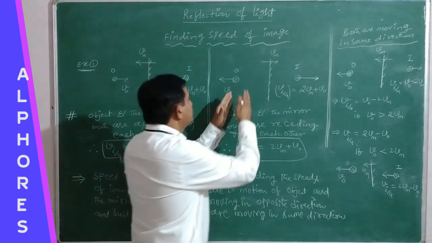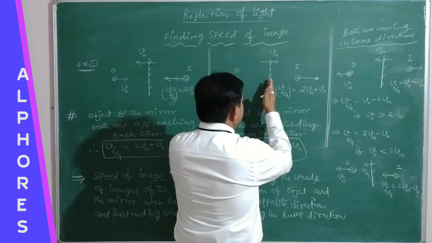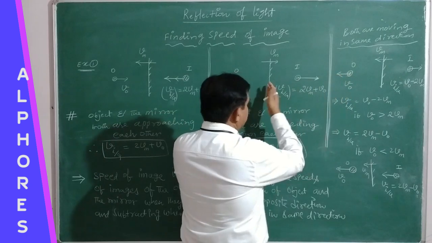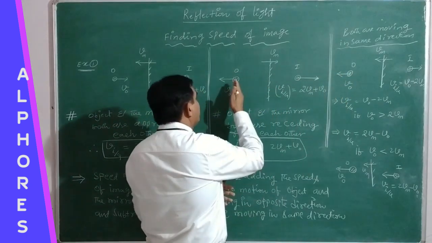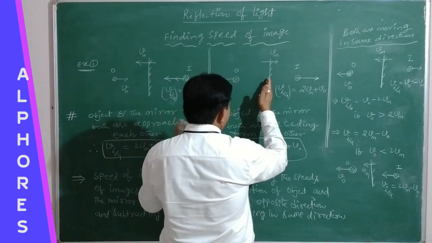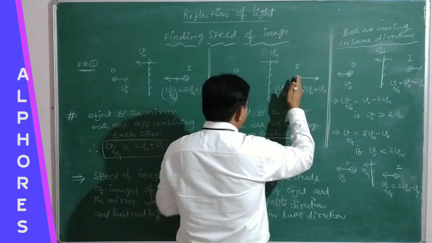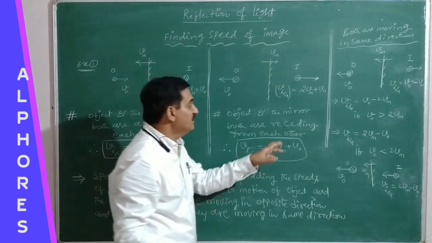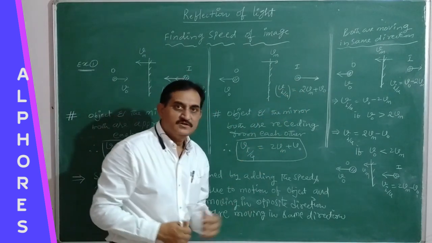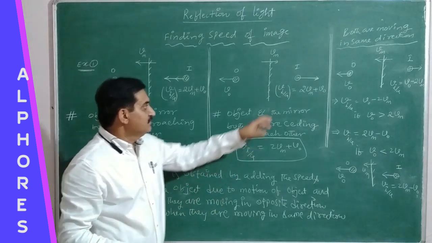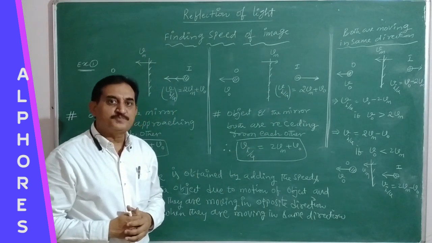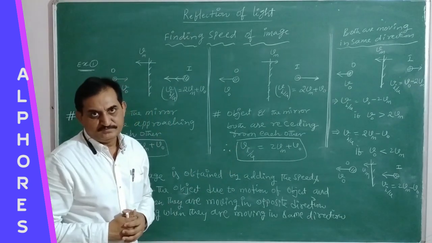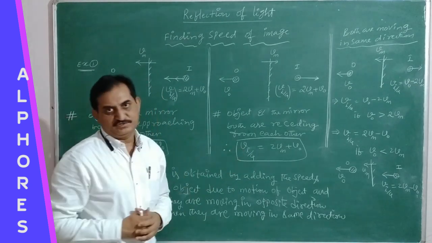If the mirror is receding from the object, the corresponding image is also receding from the plane mirror, and the object is also moving away from the plane mirror, so its corresponding image is also moving away from the plane mirror. Therefore, as a whole, the two speeds will be added to get the final speed of the image formed by the plane mirror in this case.